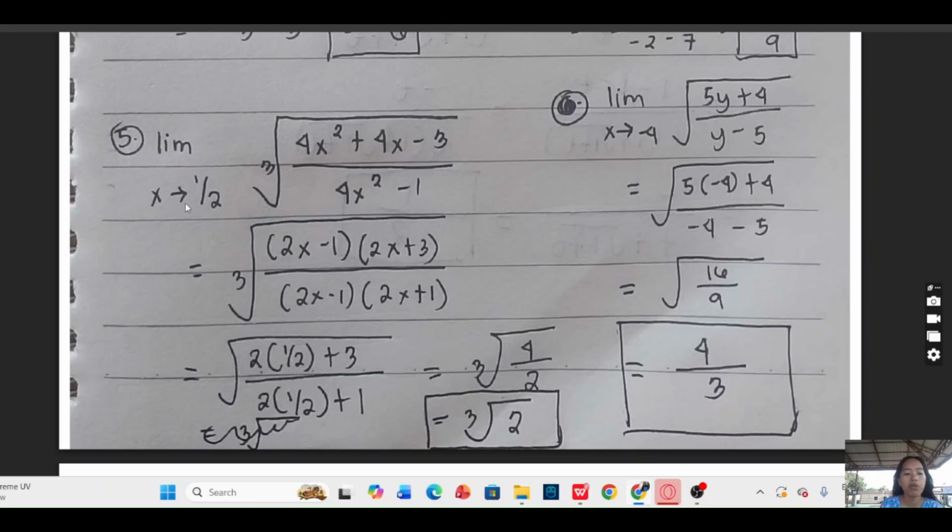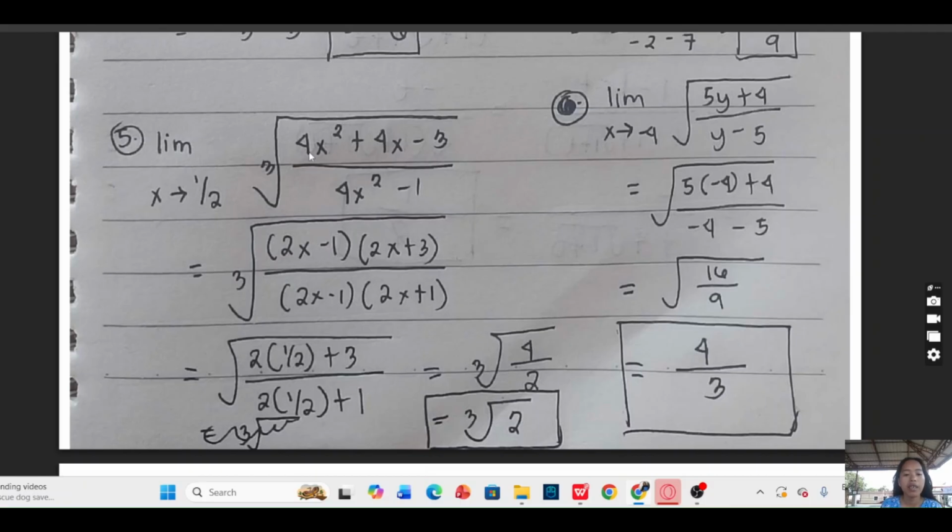So let's go to number 5, which is the limit of the cube root of 4x squared plus 4x minus 3 over 4x squared minus 1 as x approaches 1/2.